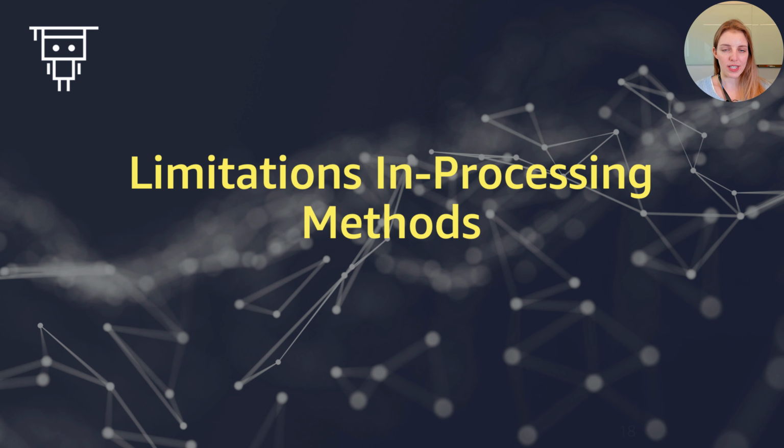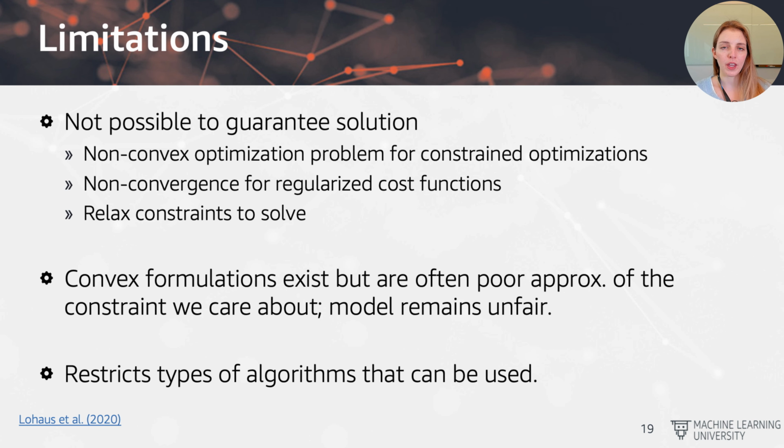Similar to limitations that we had for pre-processing methods, we need to talk about limitations for modifying the training process itself. And we already called this out when we talked about the different techniques that we can deploy, but here again a summary. Problem number one is that applying constraints can actually make it hard to find a solution.